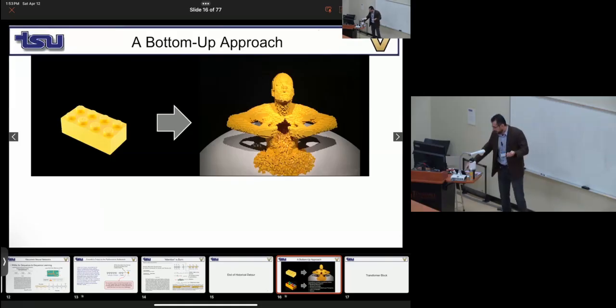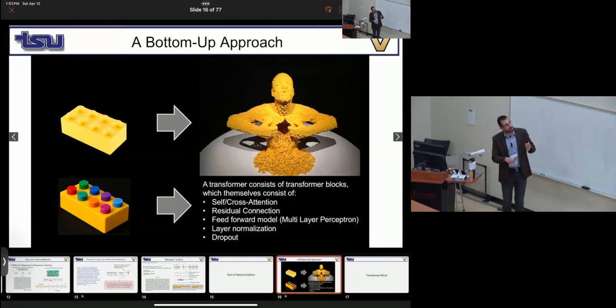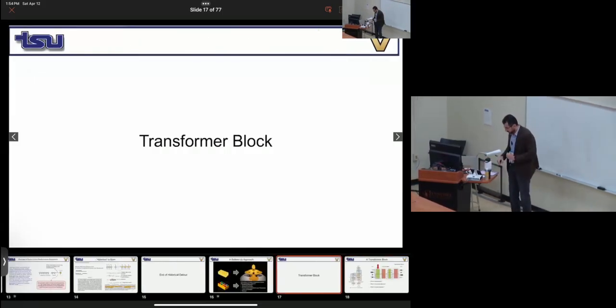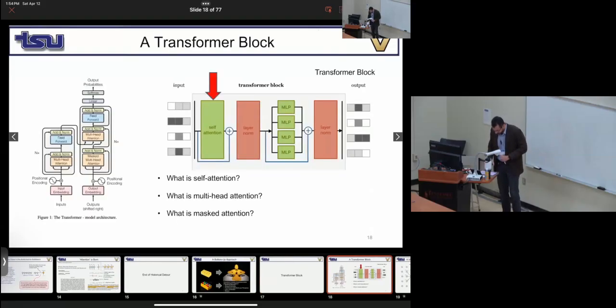But if we're really talking about transformers, we still have something that looks like that, but it's not as simple as that. It has different components. I can think of a transformer block as a Lego brick that has self or cross attention, residual connection, feed-forward model, layer normalization, and dropout, which thankfully Professor Huo talked about this morning. If we understand this block, then we will be able to put them together and build everything that we want. So let's start understanding what that block of computation is, what that transformer model is.